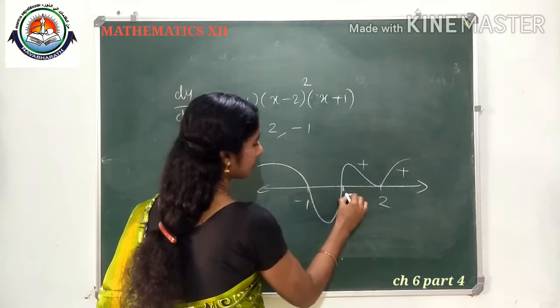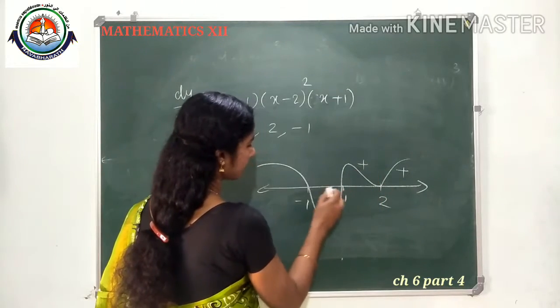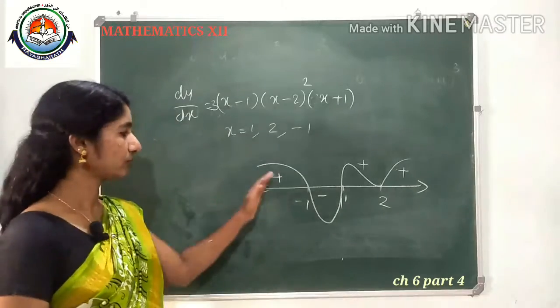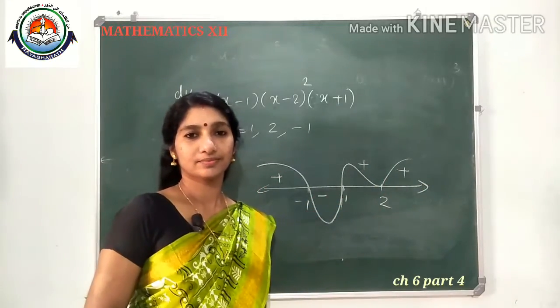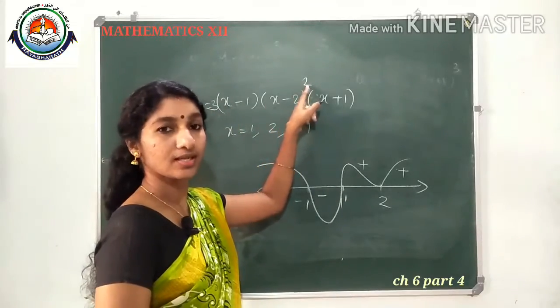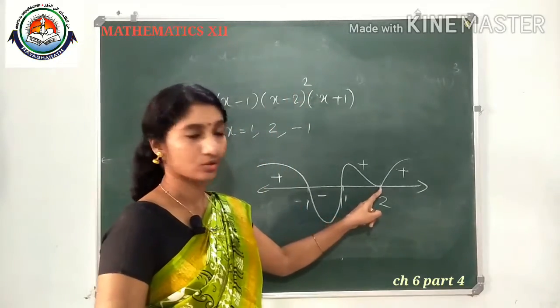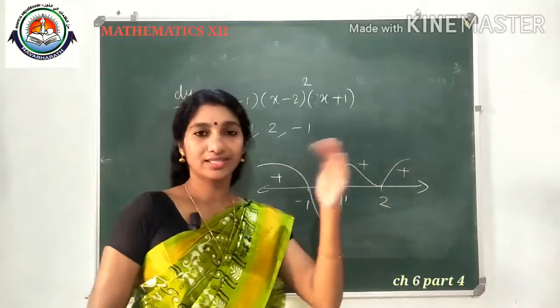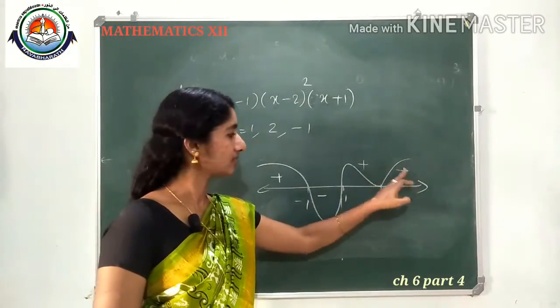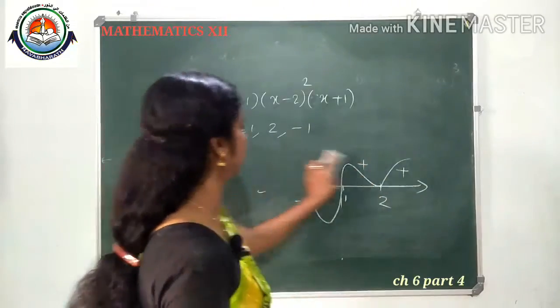That means in this interval it is positive and in this interval it is negative, here it is positive. So 4 intervals will come like this. What is the change? Here (x minus 2) whole square is there. So at 2 it will not cross. That means it is not alternating; the same sign will come.